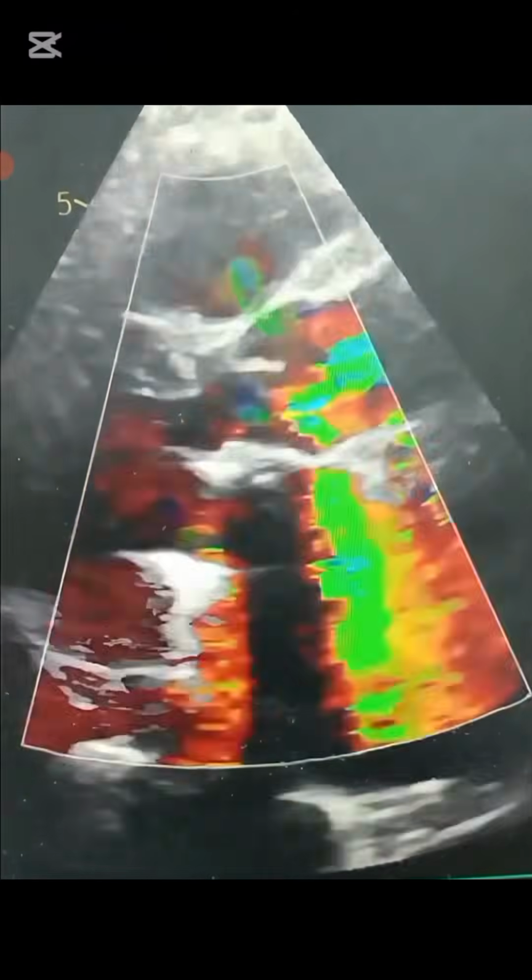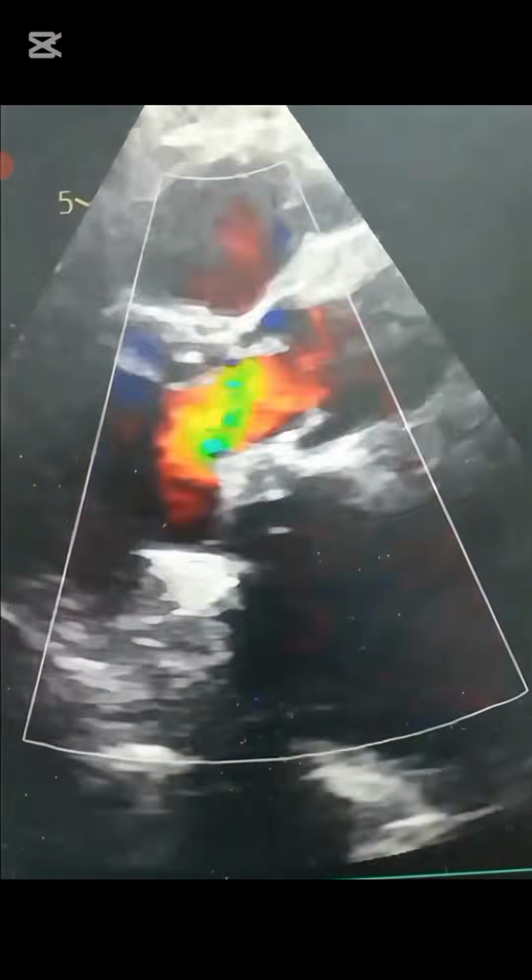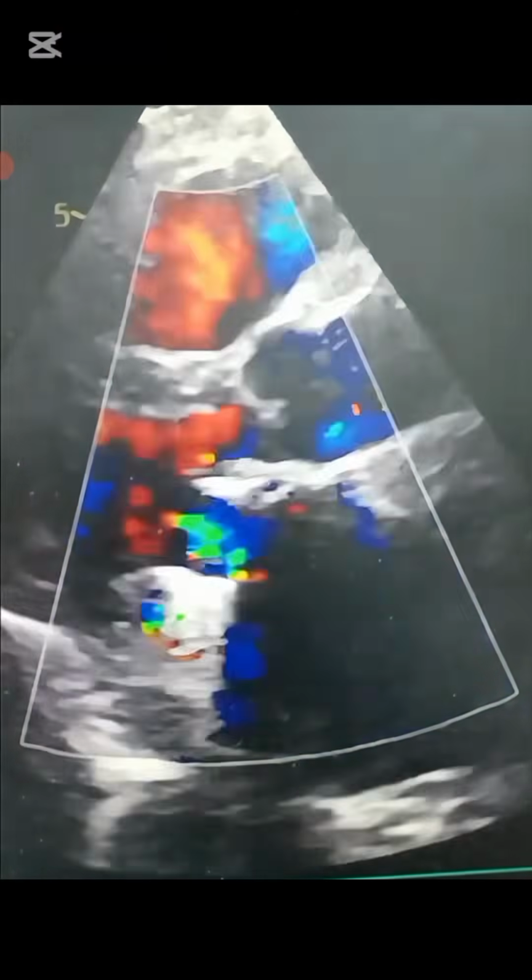A malfunctioning prosthesis valve refers to a heart valve replacement, either mechanical or bioprosthesis, that isn't working properly, leading to abnormal blood flow or pressure changes in the heart. It is very necessary to evaluate the malfunctioning mitral prosthesis because it becomes dangerous or even life-threatening if not identified and treated early.